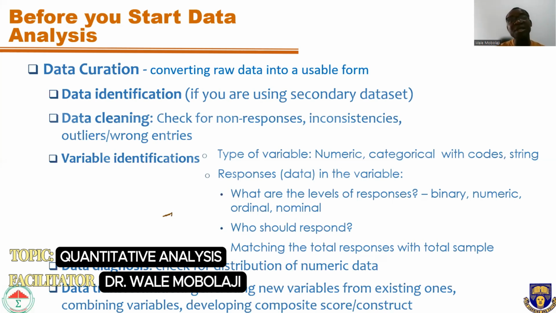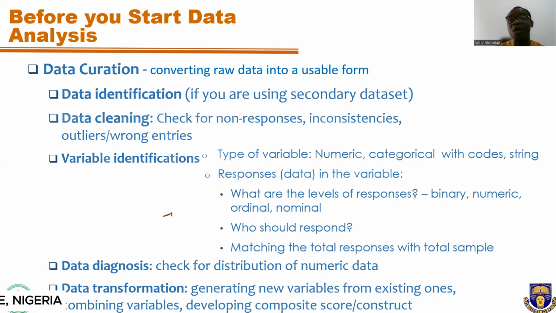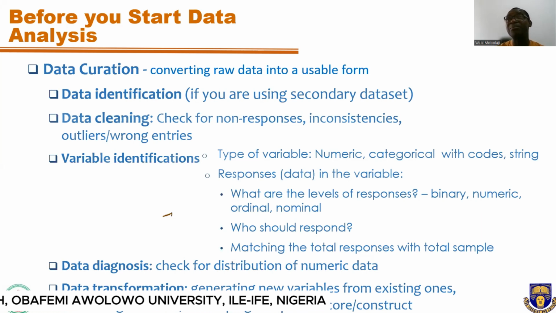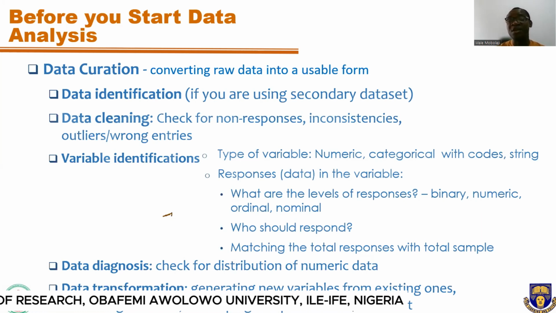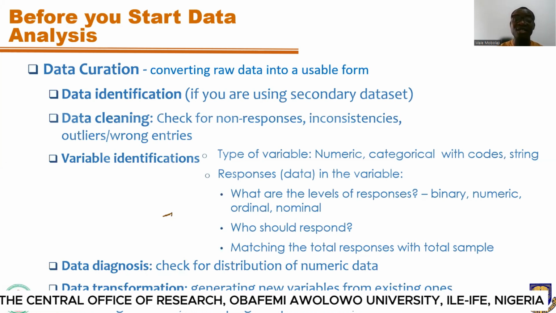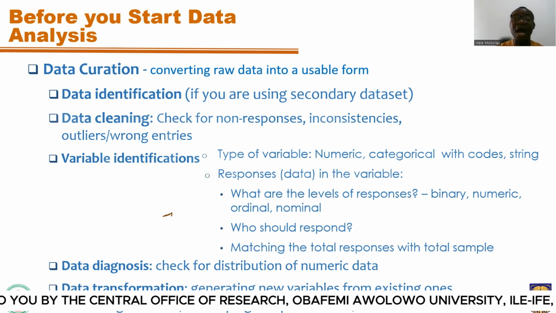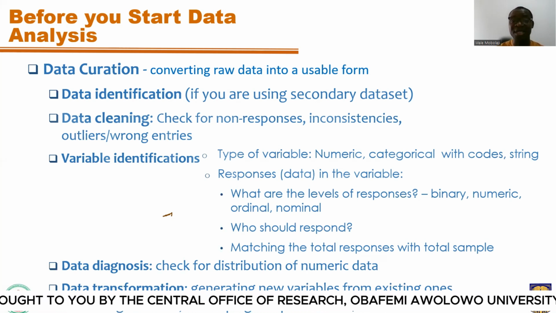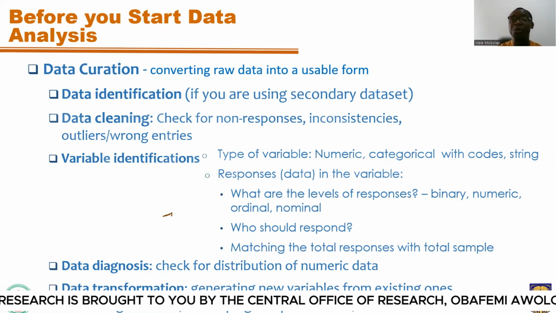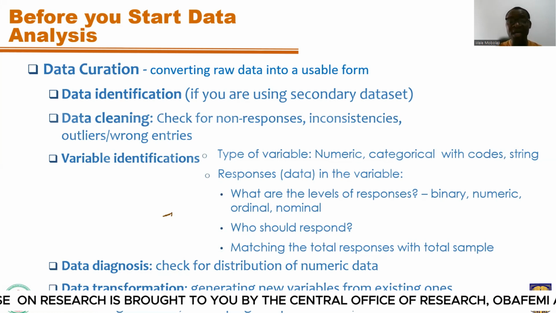Now, also, you might have to do a kind of recoding for some variables, depending on how the responses look. For instance, if you collect your data and you discover that the responses in some variables are too few in some categories, you might have to do a kind of collapsing, or you recode, you can merge.